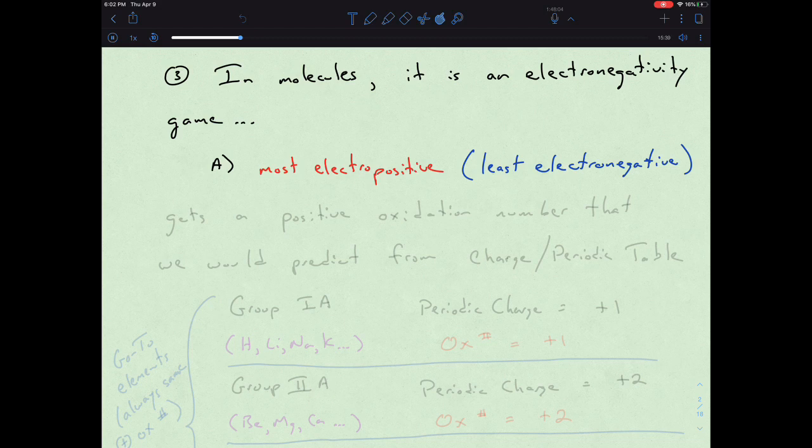Basically gets a positive oxidation number that we would predict from charge and the periodic table.